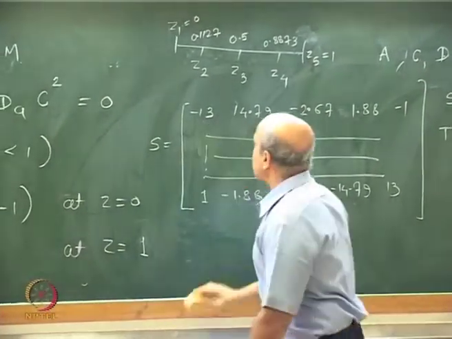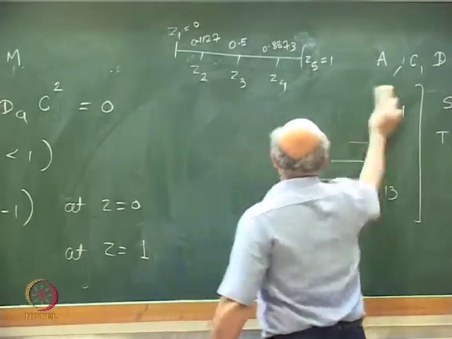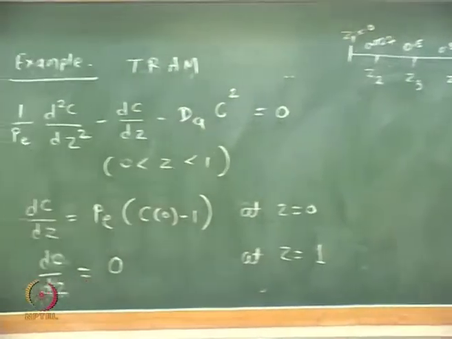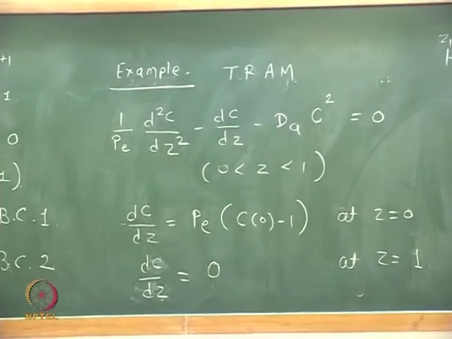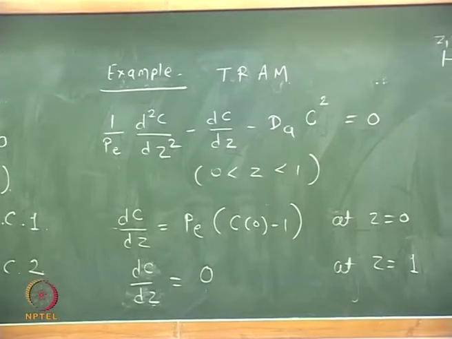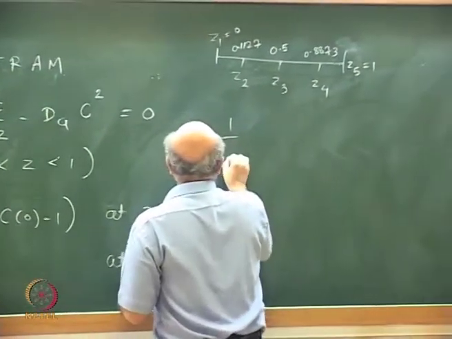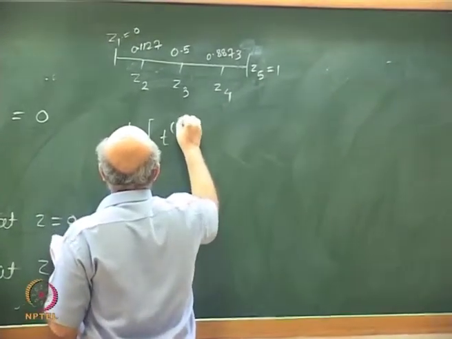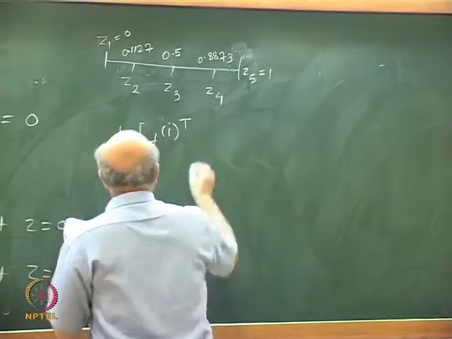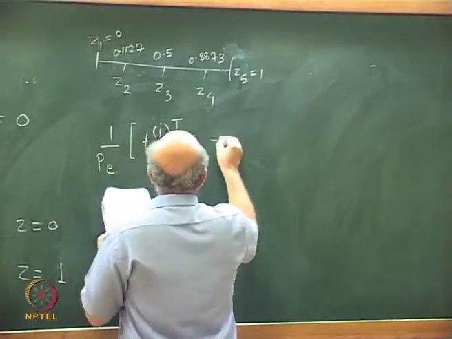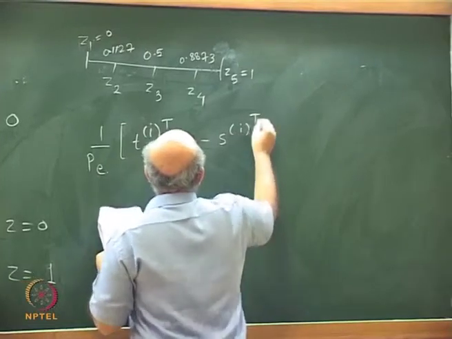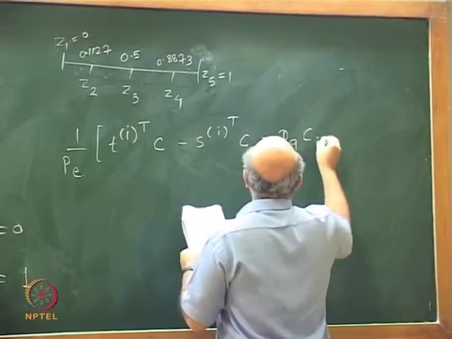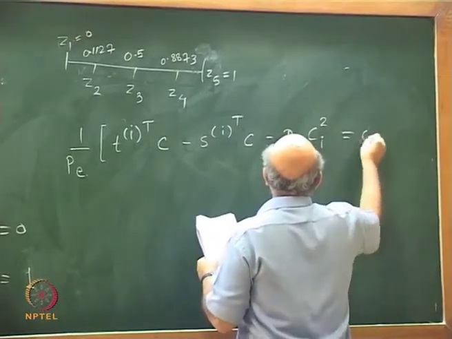So my equations would look something like this: 1 by PE into SI transpose times C vector minus TI transpose times C vector minus DA C_I square is equal to 0.